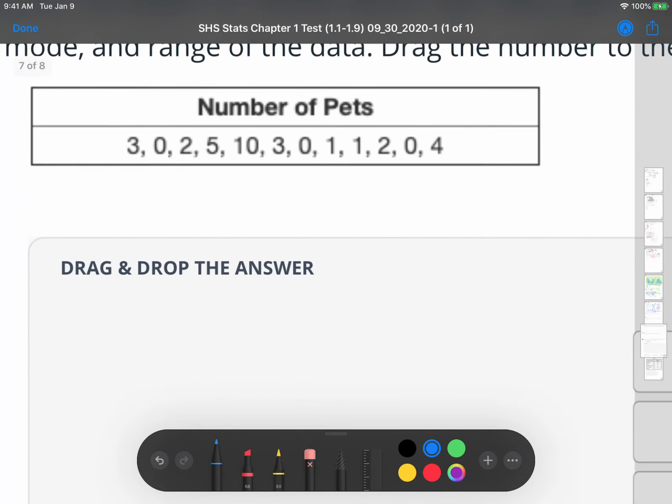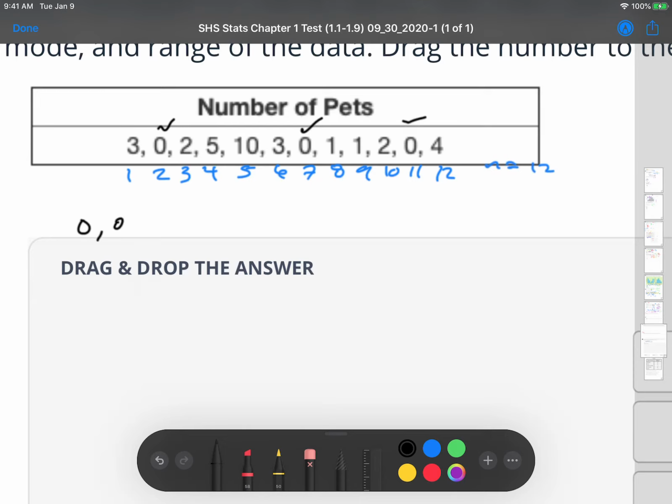Alright, so let's just figure out how many classmates. So I got n equals 12. So I'm going to put these numbers from least to greatest and use check marks as I go along. 0, 0, and 0.